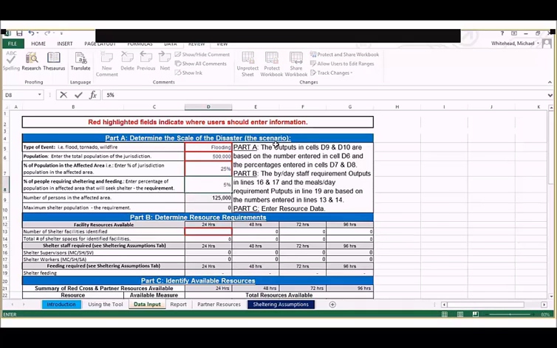Here in the example, we're going to use 5%. So we ended up with 125,000 people in the affected area. Of those, 5%, that's 6,250 people, which for us is the sheltering requirement that we need to try to be able to meet.